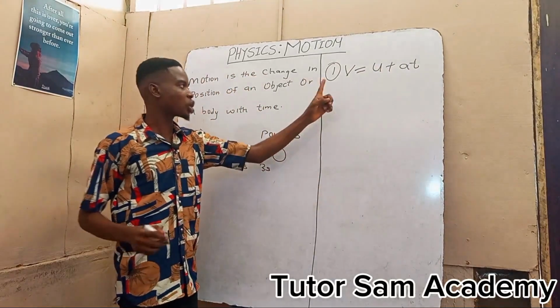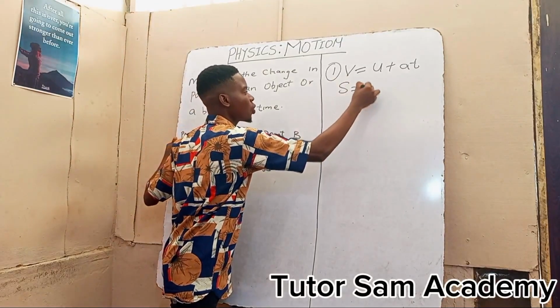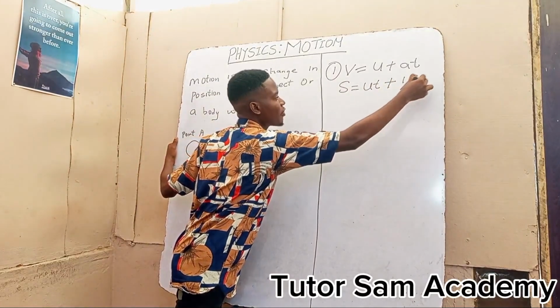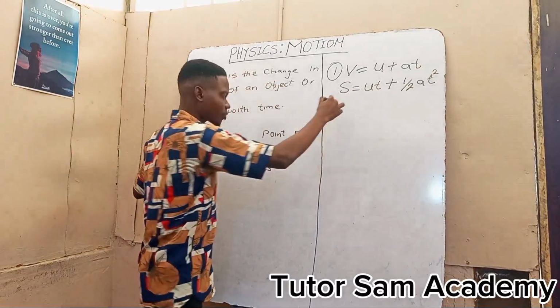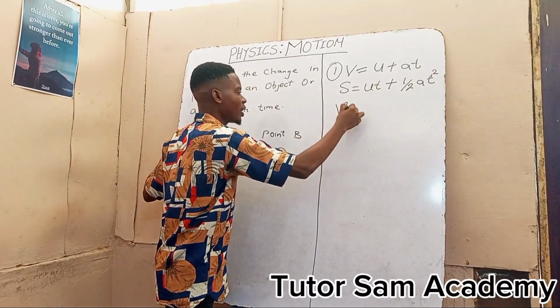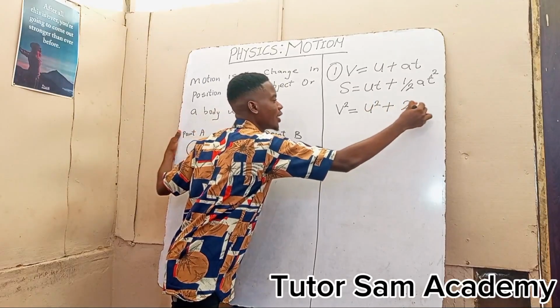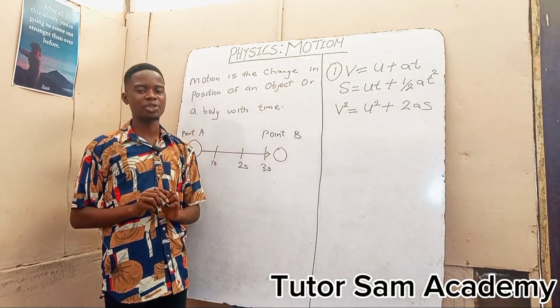This is the first equation of motion. Number 2: S is equal to UT plus half AT square. Number 3: V square is equal to U square plus 2AS. These 3 equations are the major equations of motion.